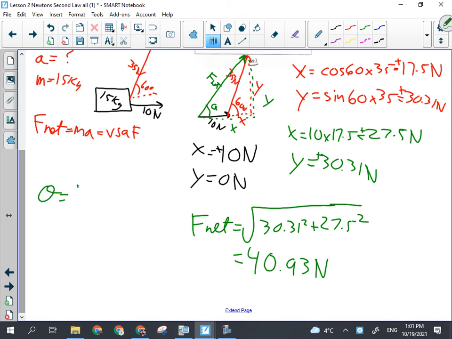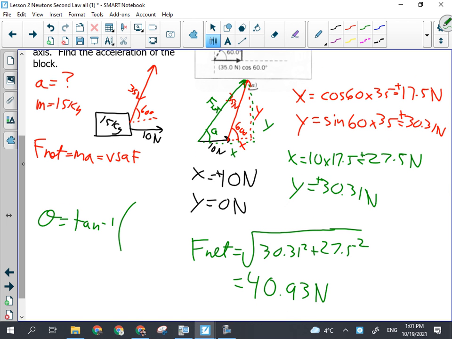So theta will be tan inverse of the opposite side, which is y, 30.31, divided by x, which was 27.5.